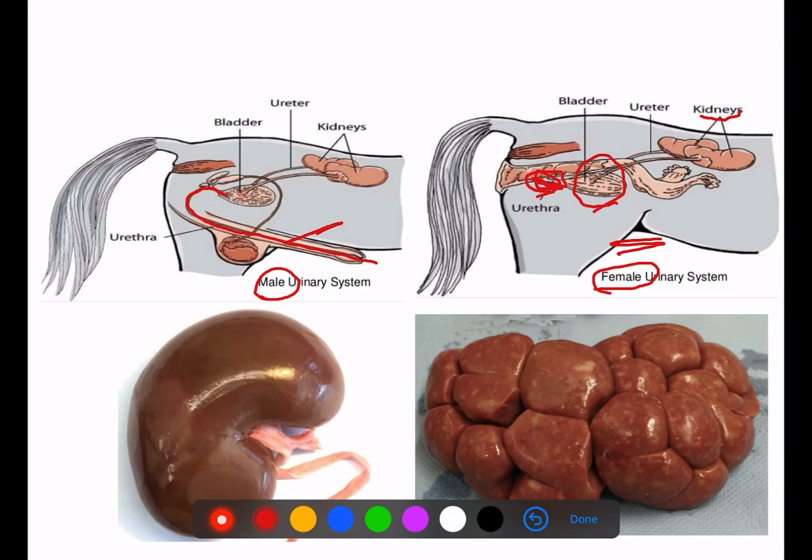Also, there is a main difference in the shape of the kidney. The kidney of cattle is usually lobulated, meanwhile the kidney of sheep, horse, dog, and cat looks like the human kidney. It has a bean shape.